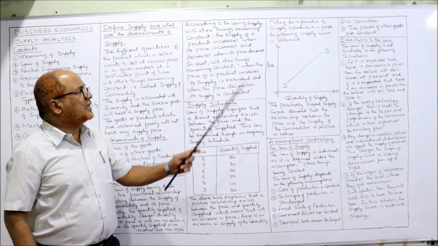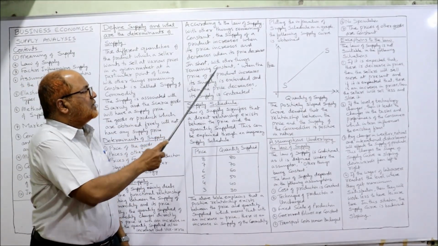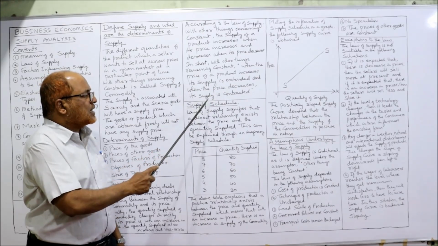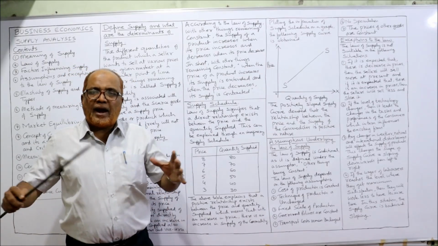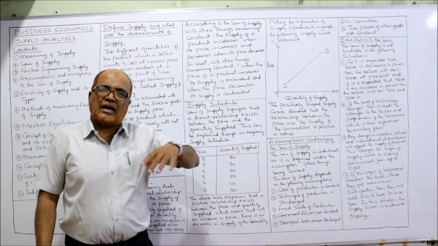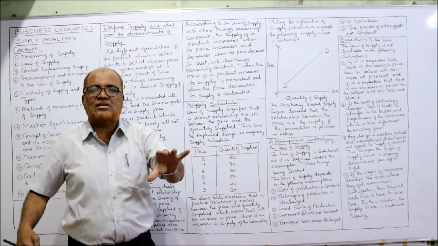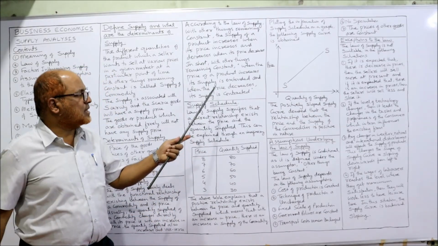Assuming that other things are remaining constant. In short, with other things remaining constant, when the price of a product increases, its supply is extended. And when the price decreases, its supply is contracted. So expanded and contracted. When price increases, supply expands. When price decreases, the supply contracts. That's it. This is the law of supply.